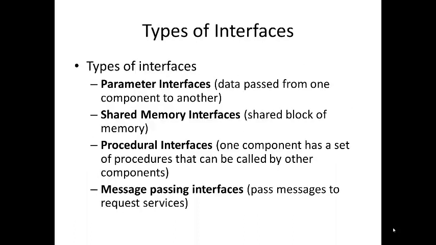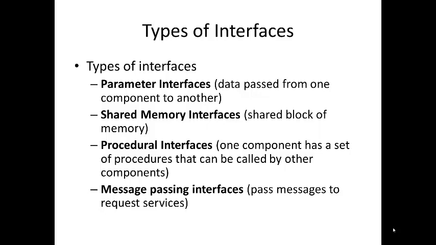So types of interfaces that you'll want to test between objects or between methods. One are parameter interfaces. These are the data passed from one component to another. So when you're done with component 1, when it passes values to component 2, do those pass correctly? Shared memory interfaces, if there's a shared block of memory between two components, do they play nicely?